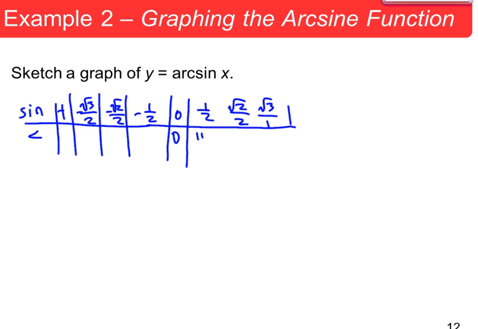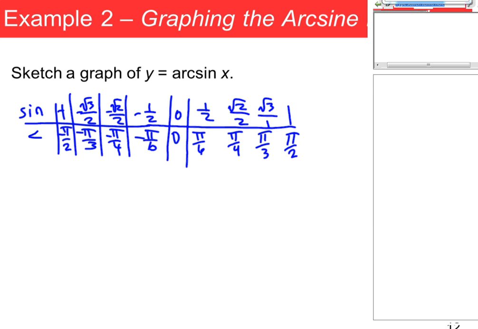This is pi over 6, pi over 4, pi over 3, and pi over 2. This one goes negative, so negative pi over 6, negative pi over 4, negative pi over 3, and negative pi over 2. So I could generate a fairly decent table as I go through that.